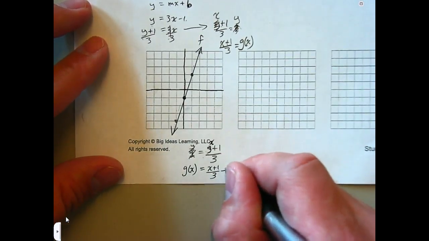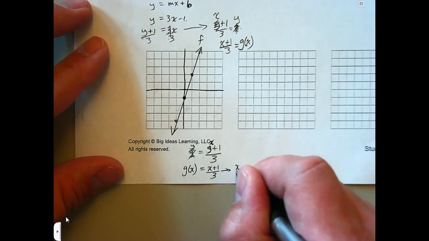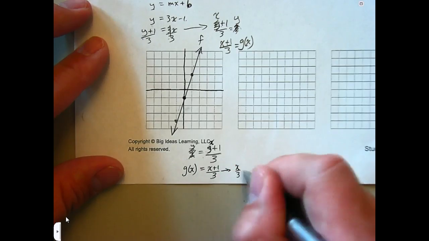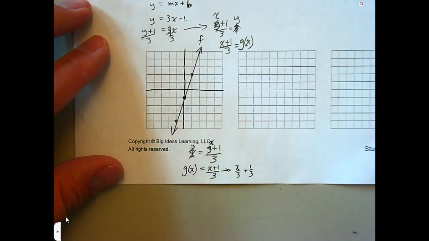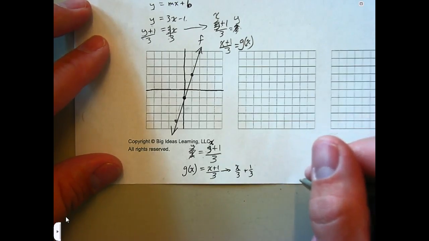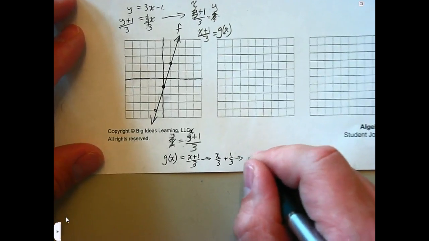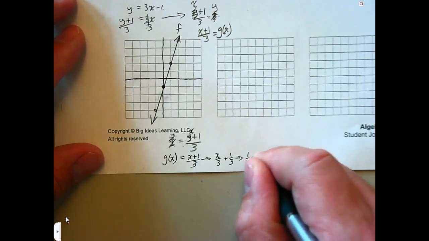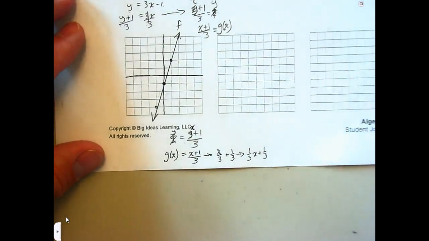That is the same as x over 3 and 1 over 3, which is still not fun to graph because you have fractions there. That would be 1/3 x plus 1/3. Like your y-intercept would be 1/3.